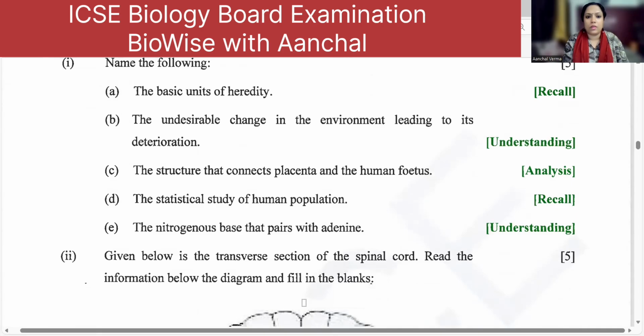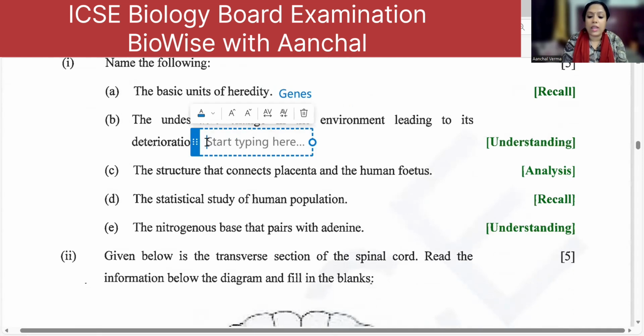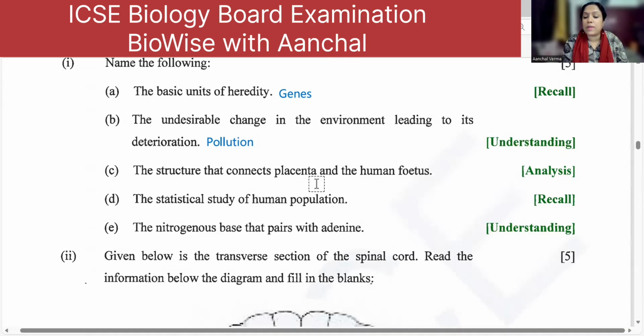Name the following. The basic unit of heredity. It is genes. The undesirable change in the environment leading to its deterioration, that is pollution, right? The structure that connects placenta and human fetus. Tell me the answer.